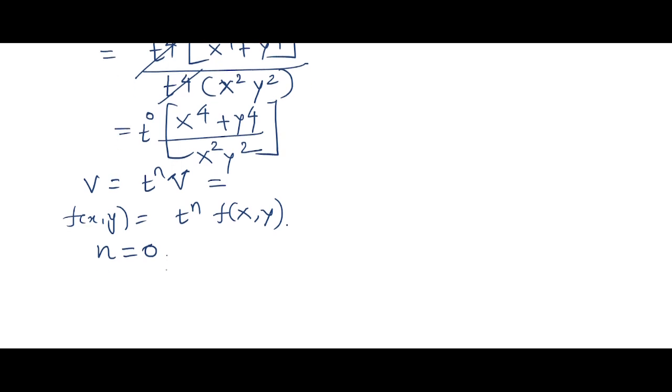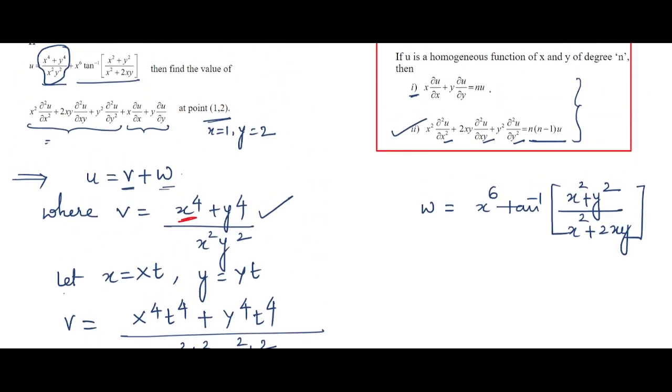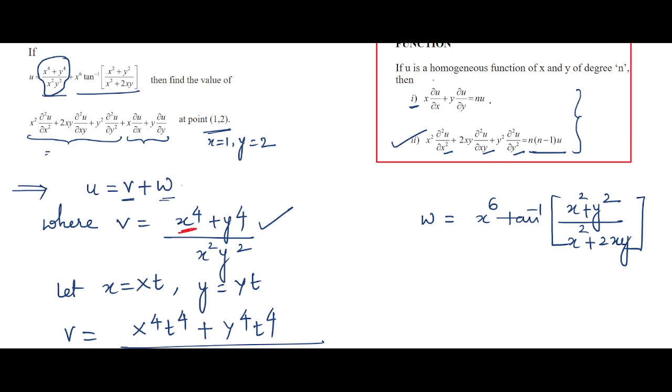If it is homogeneous, then we can use Euler's theorem, both first order and second order, on v. Instead of u, now we are going to apply Euler's theorem for v.